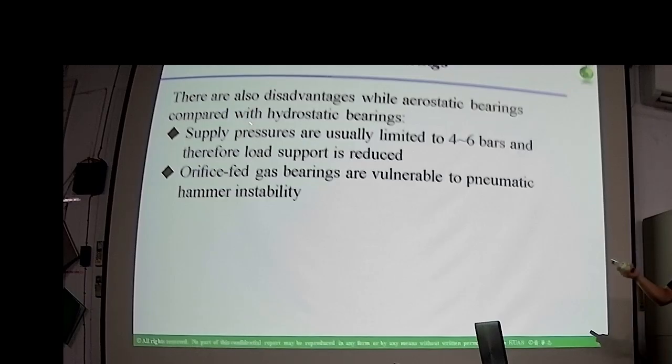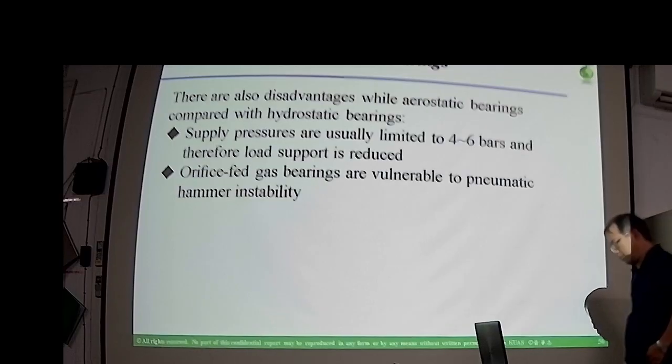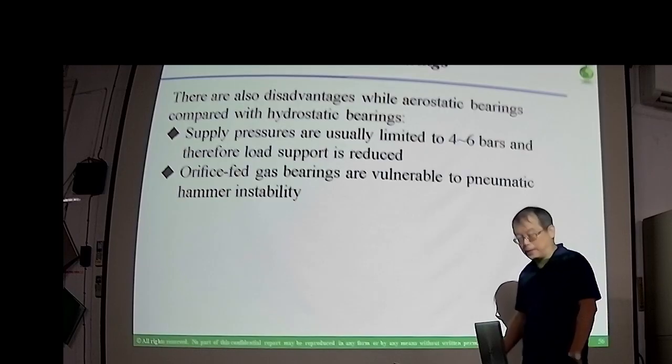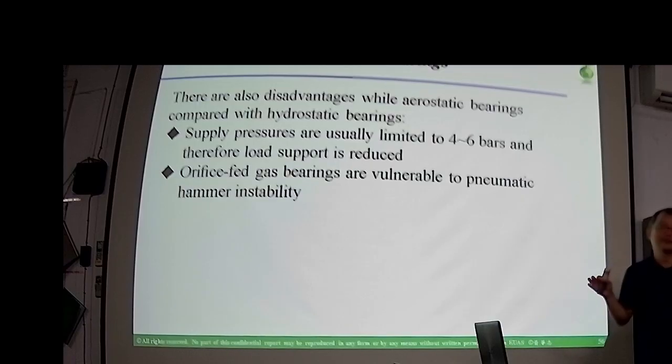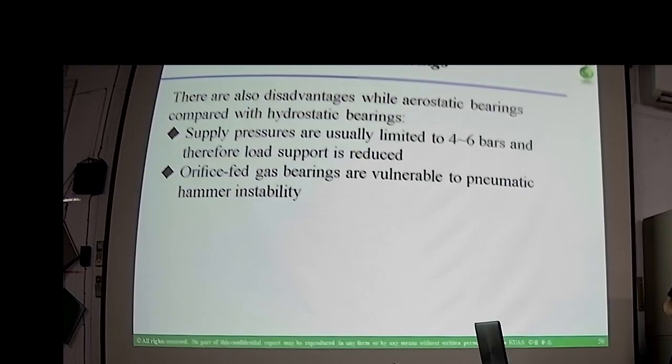So you have limited supply pressure, only 4 to 6 bar. Normally, or usually, the supply pressure for the air bearing is with a maximum 5 bar, no more than 6 bar, in order to avoid the pneumatic instability, air handling instability.